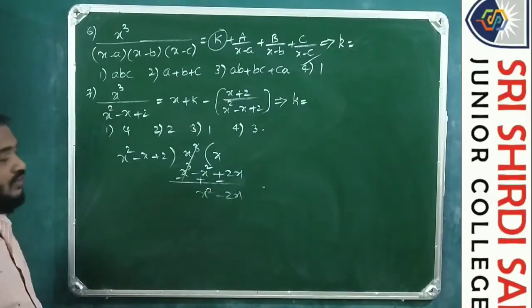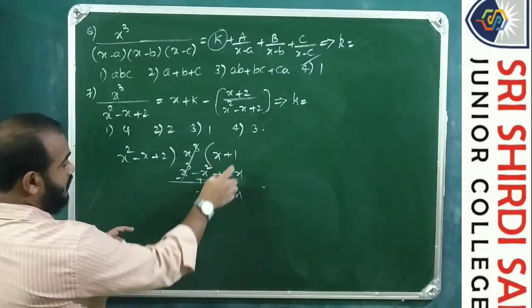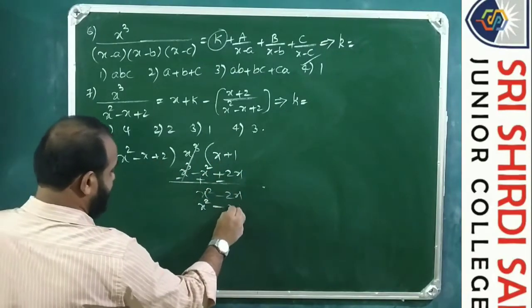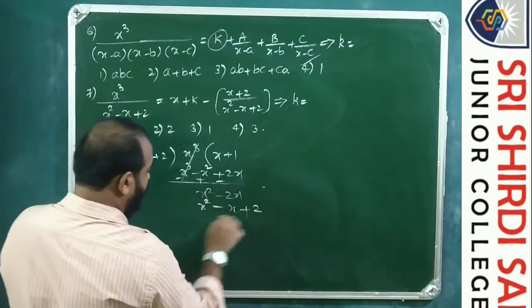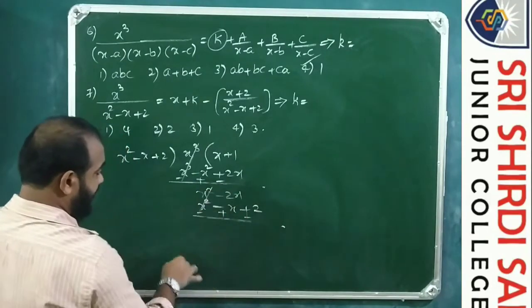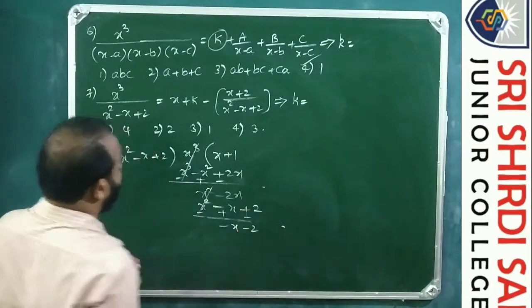So further division is possible. x square by x square is 1, so 1 into x square, 1 into minus x, plus 1 2s are 2, so minus plus minus cancel, so minus x minus 2.